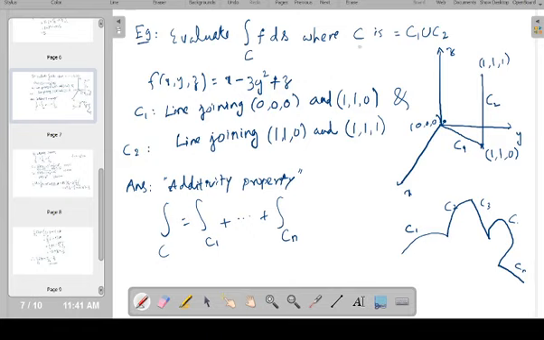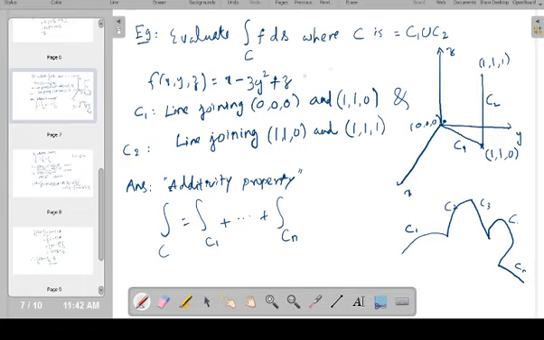I can parameterize the curve in one way, you can parameterize the same curve in another way. But integral over C f ds will be the same. That means my answer and your answer will be the same. That means the value of the integral is independent of the parameterization of the curve.